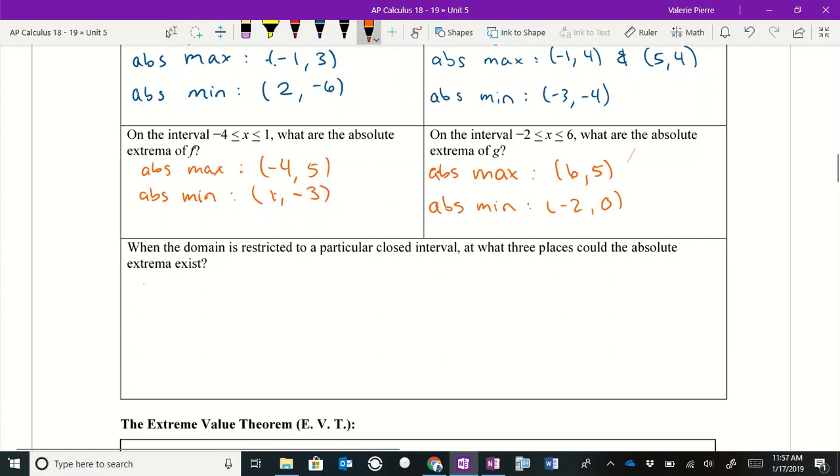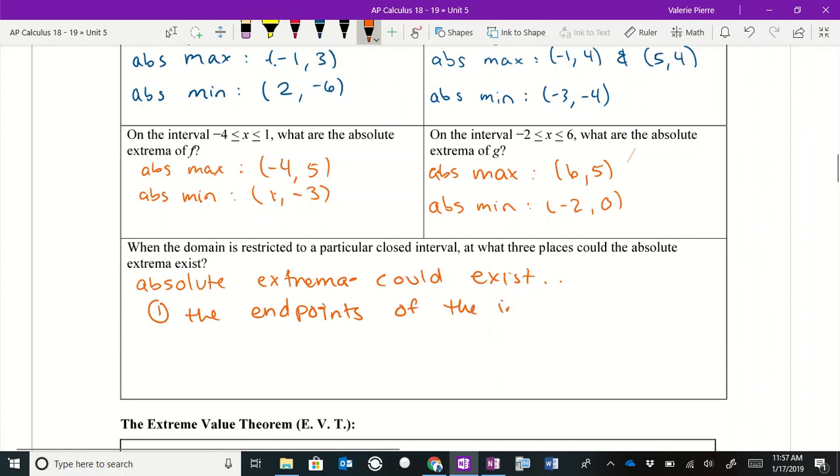So absolute extrema could exist at 1, the endpoints of the interval, 2, the relative max or min.